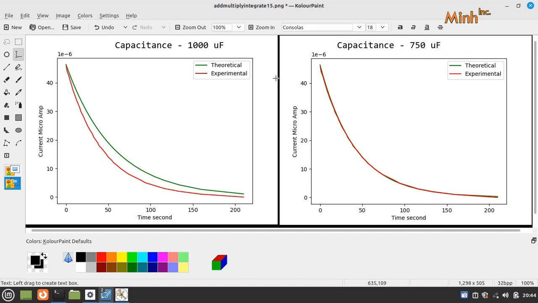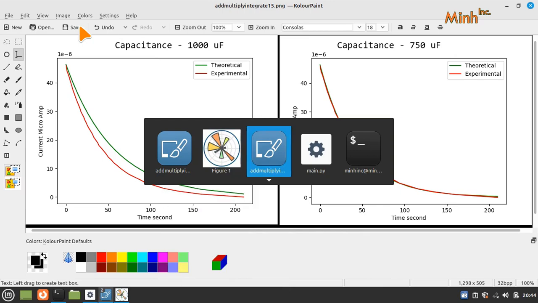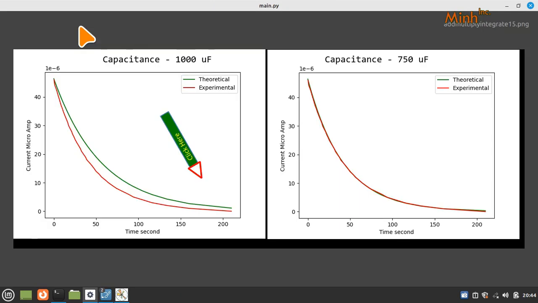So theoretically 750 and practically the same, this is amazing. 1000 as per what is written on the capacitor, and what we believed it is 750, and it is the same. Theoretical and practical are exactly the same, unbelievable.